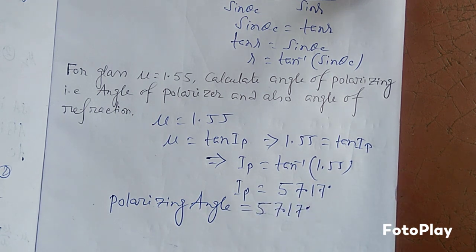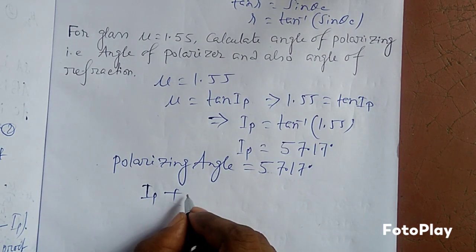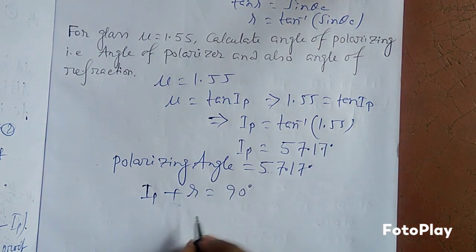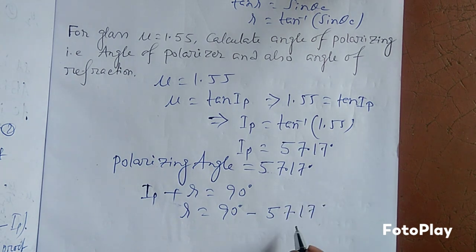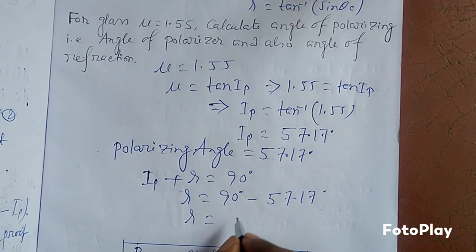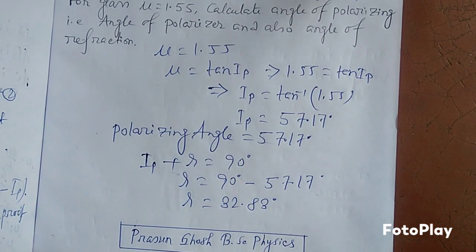We know that IP plus R equal to 90 degree. So R equal to 90 degree minus 57.17 degree, so R equal to 32.83 degree. I think each and every class will be helpful for BSc students. I think all students will gather knowledge from my lecture, and all students will be benefited by my lectures. Thank you.